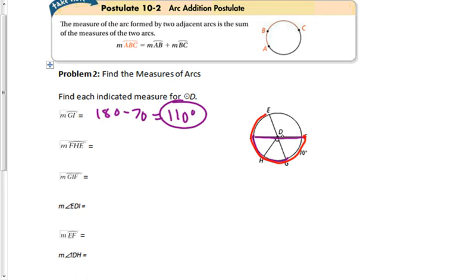And we can use something else that we know here. Taking a look right here, we have this angle is congruent to this angle because they're vertical angles. So we have 180 for that whole one that we just had, plus that other 70 there, because this would have to be 70 as well. And that would be 250.